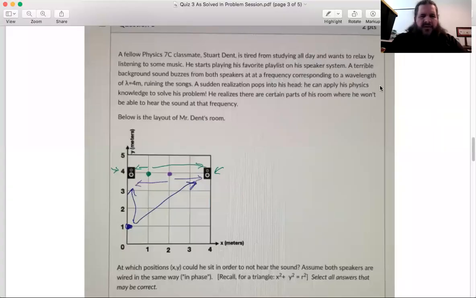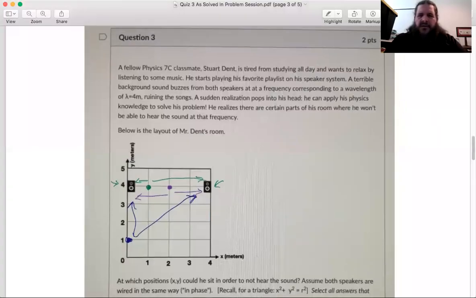Chloe, you were asking about question 3 on this practice quiz. So what are we trying to do here? We've got a background sound from both speakers, and we know the wavelength.